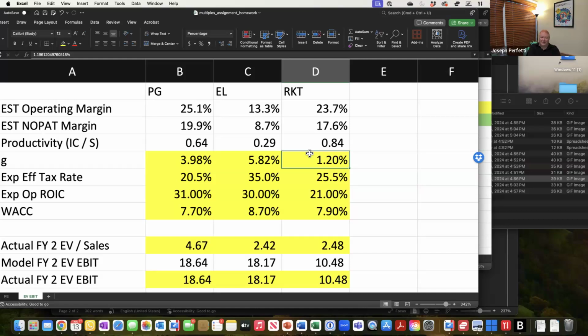And if you really believe that their guidance of 35% is not representative of the long term, and you thought that their tax rate should be 20-ish, then put that in and explain that that's why you made that assumption. And if you did that in this assignment and you said that, I'll give you credit for that because I think it's actually not an unreasonable assumption to make.